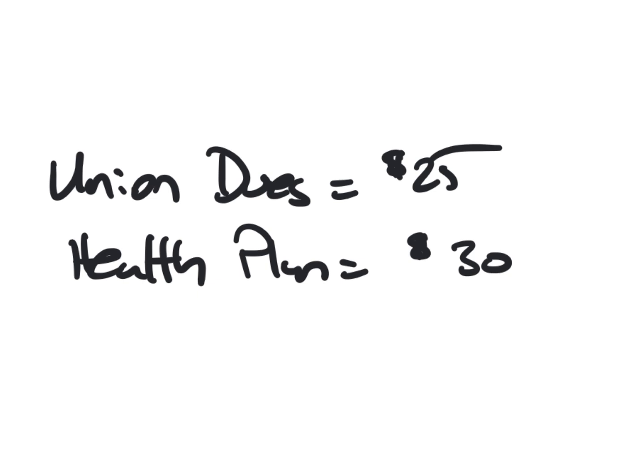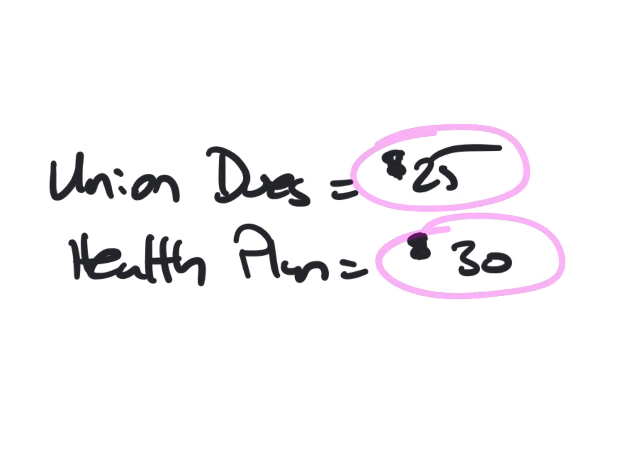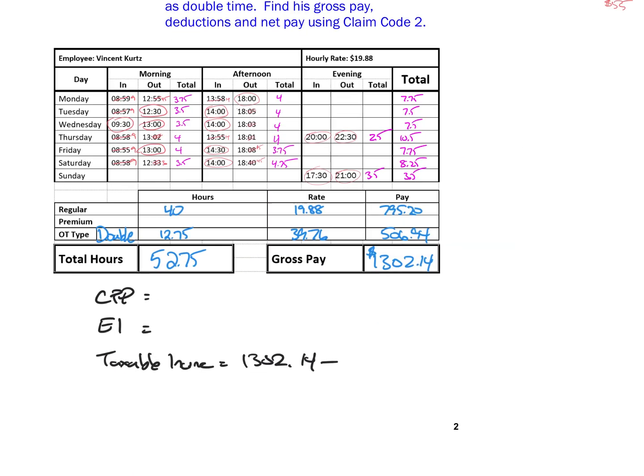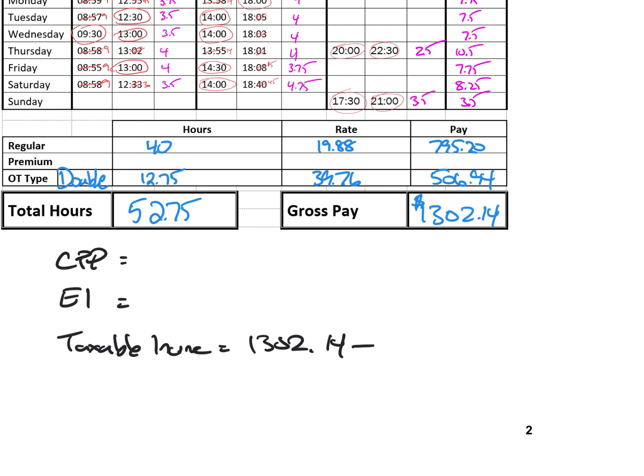Now, if his union dues are this, and his health plan is this, well, then we can add them together and get $55. So, what we're going to do here then is subtract $55 from his gross pay. And that's going to give us $1,247.14 for his taxable income. And that taxable income now will help us figure out what the federal and the provincial taxes are.